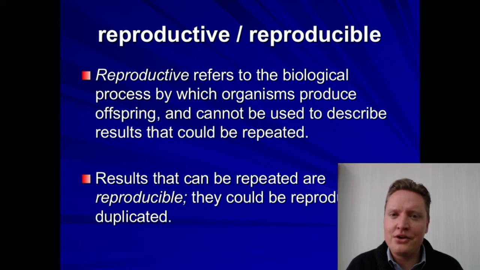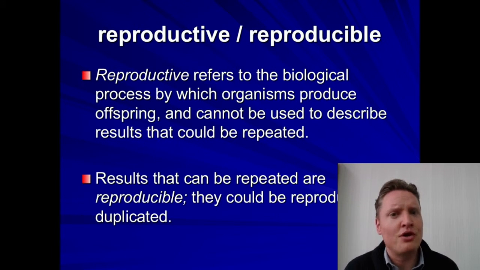Let me talk about another word that's often confused, and that's reproductive and reproducible. Let's talk about the difference of meaning here. Reproductive refers to the biological process in which organisms have babies or have offspring. It cannot be used for results that can be repeated. Results that can be repeated are reproducible.